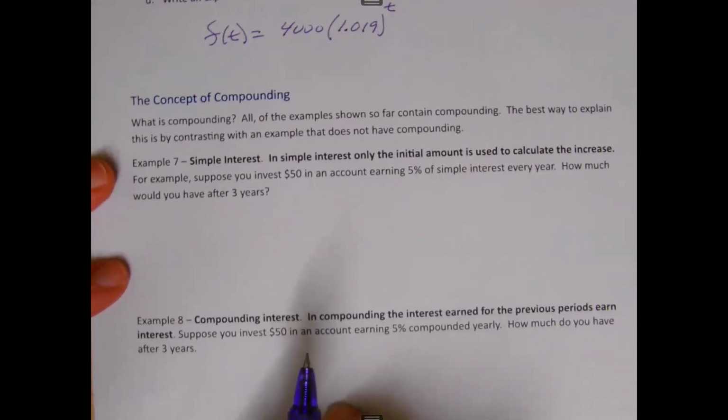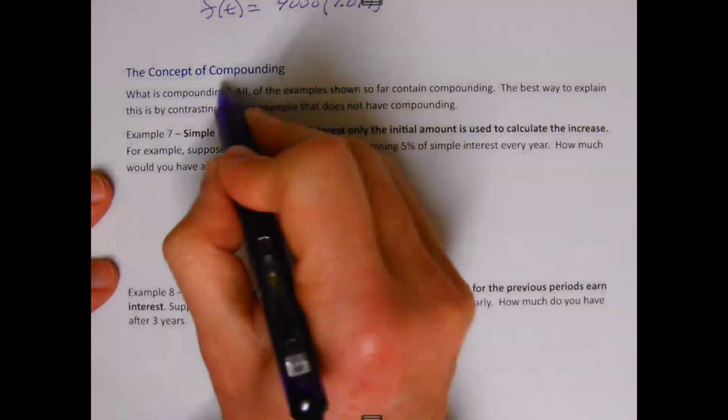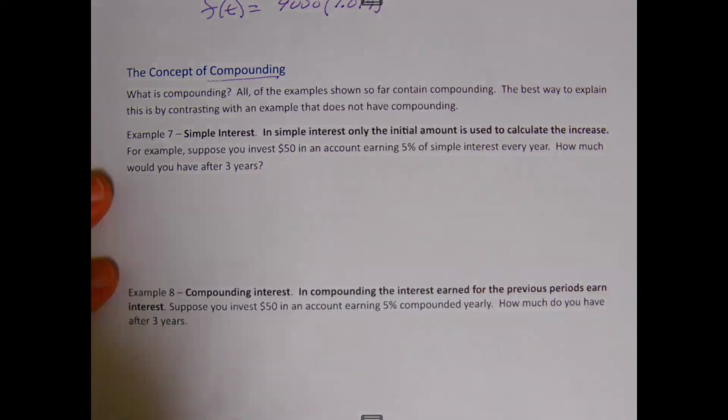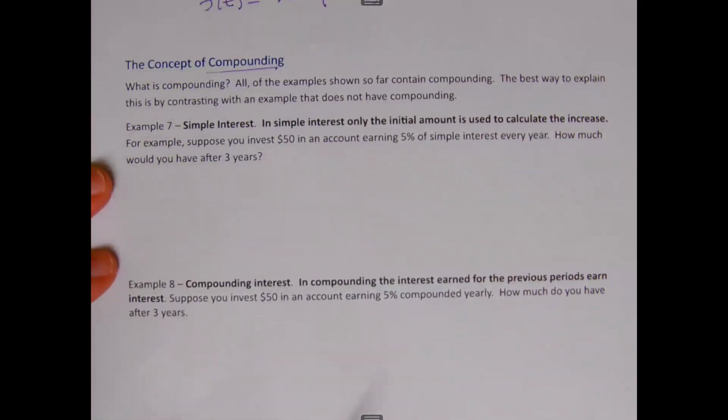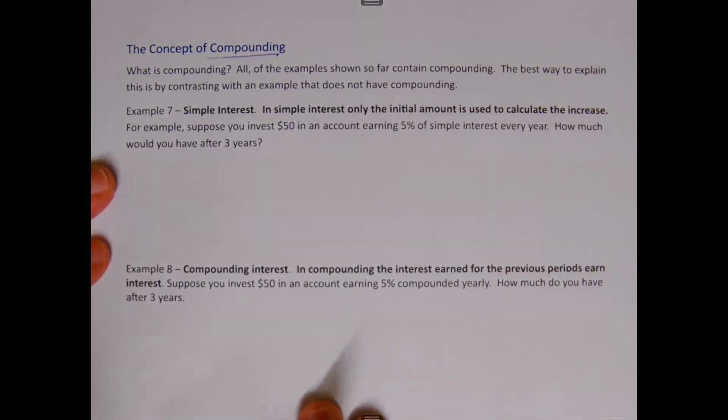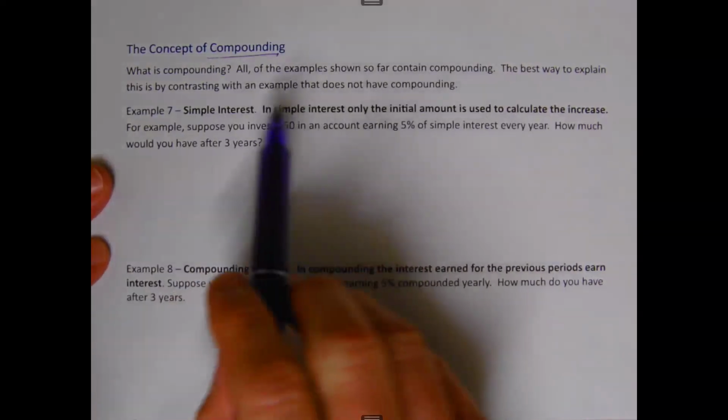So we're going to look at this thing called compounding. The concept of compounding is an important one, especially when we're talking about finance. They always tell you to invest early in retirement because the money compounds. But what is compounding?